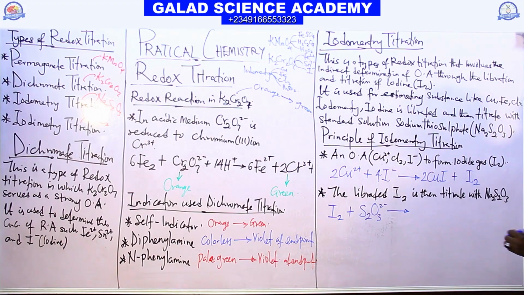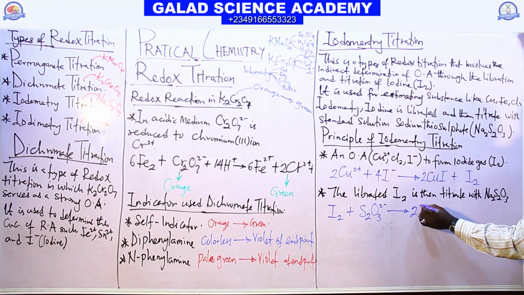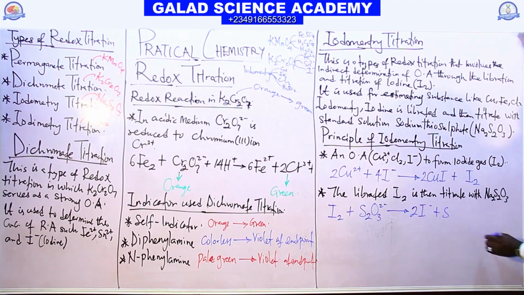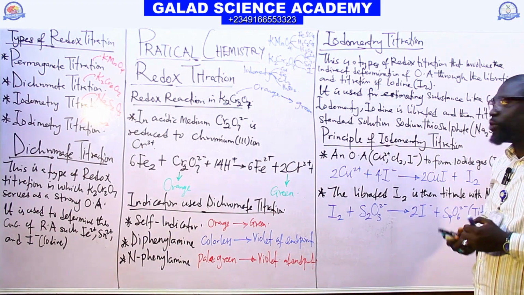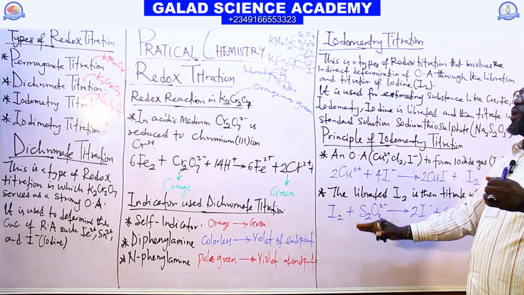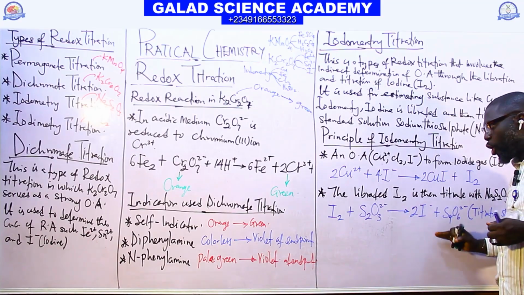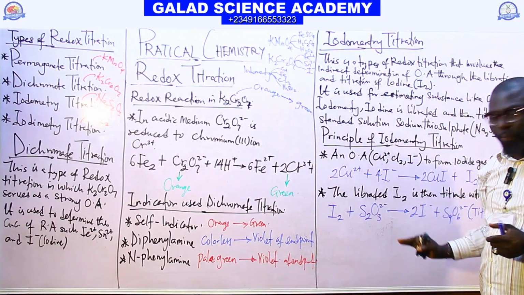It will now give us 2 iodide ions plus S4O6 2 minus. This is what we call the titration step. So this is the principle and the redox reaction that occur in iodometry.